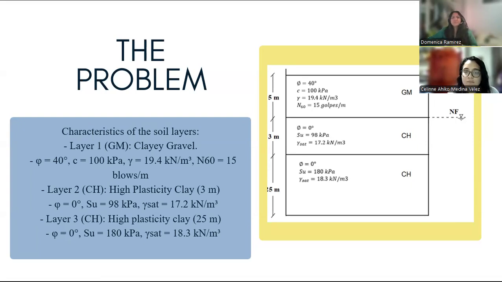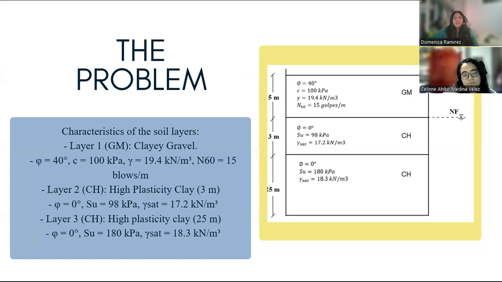The second stratum is a clay of high plasticity with an Su of 80 kilopascals and a saturated soil weight of 20.2 kilonewtons per cubic meter. The last stratum is also a high plasticity clay with an Su of 180 kilopascals and a saturated soil weight of 18.3 kilonewtons per cubic meter.